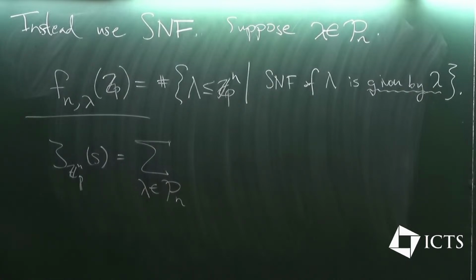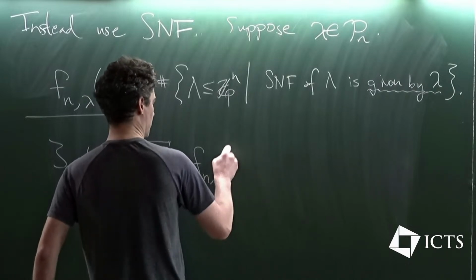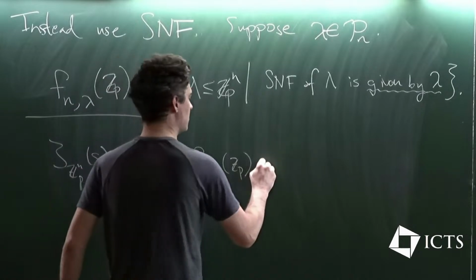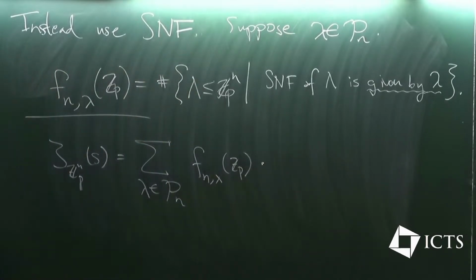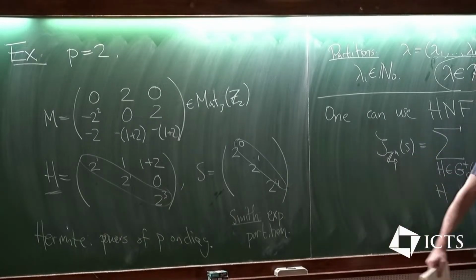By running through all the partitions, we can ensure that we've covered all lattices. So what is this? This is just f_{n,lambda}(Z_p), that count of this set, times the determinant of the matrix that we would get from this Smith normal form. Yeah, question?